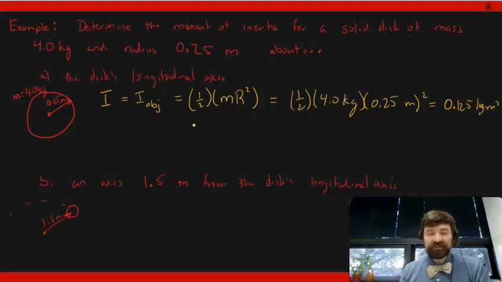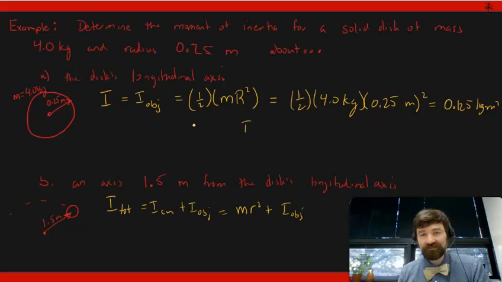For the second case, what we're looking for is I total is I center of mass plus I object. So that is mass times radius squared plus this I object. Again, I object is 0.125 kilogram meters squared. It's the number we found up here.